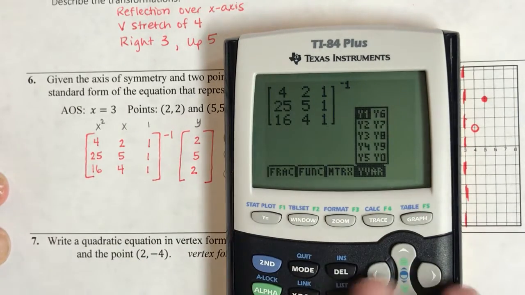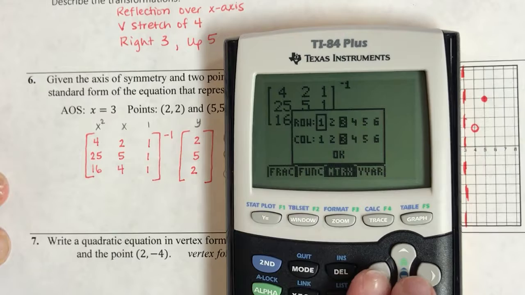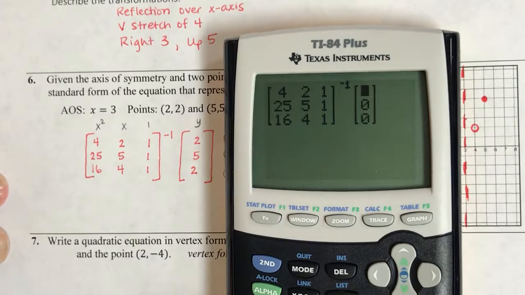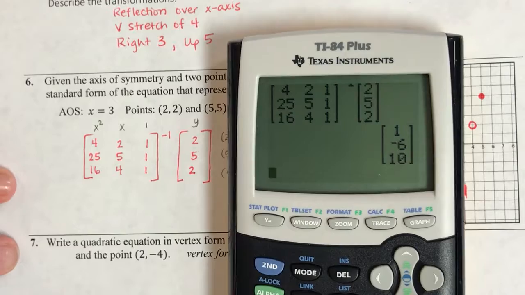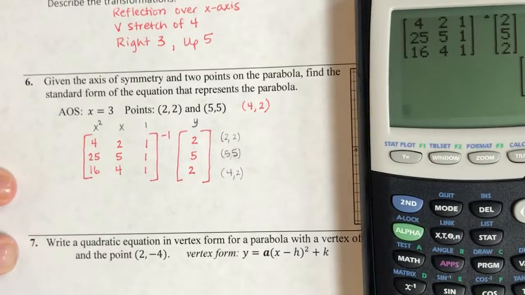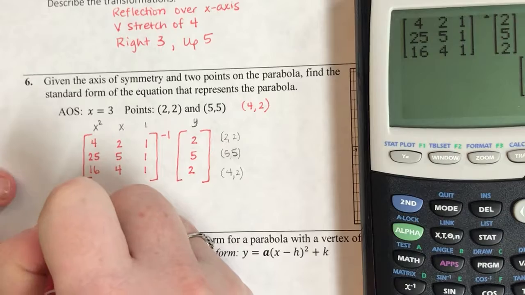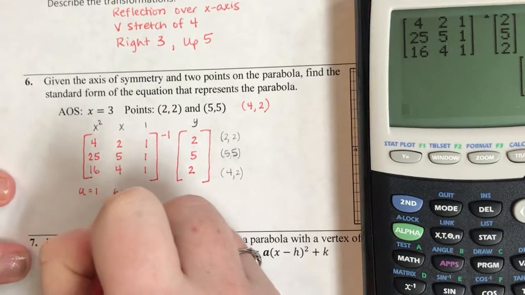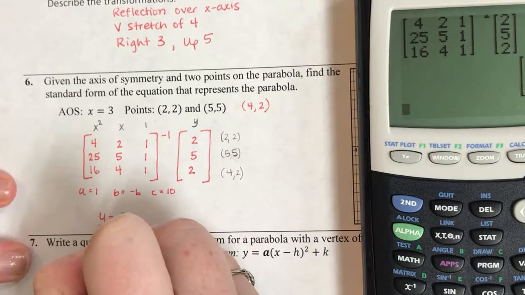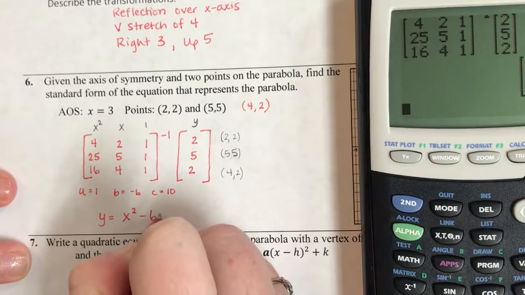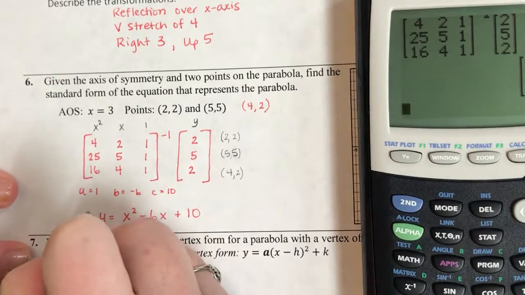And then alpha zoom, I need a 3 by 1 matrix to put the y values in. And we get 1, negative 6, and 10. So A is 1, B is negative 6, C equals 10. So our standard form of our equation will be x squared minus 6x plus 10.